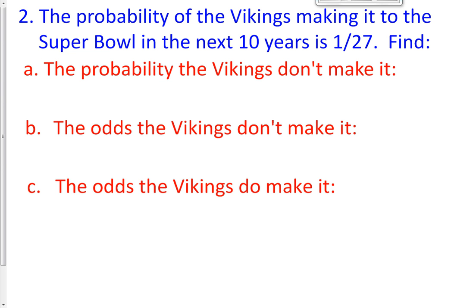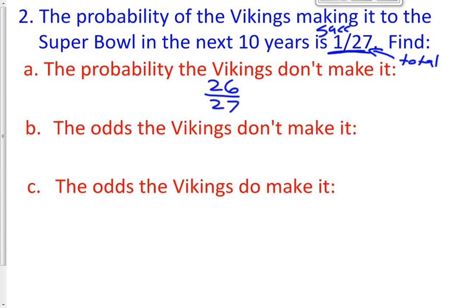Find the probability that the Vikings don't make it to the Super Bowl. So this 1 over 27 says it's very likely the Vikings will not. So find the probability that the Vikings don't make it. That's going to be a good possibility. There's 26 out of 27 is the probability that they don't make it. Again, this is like the success, 1, 27 is the total.